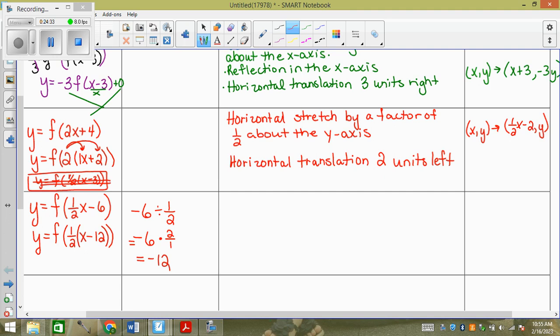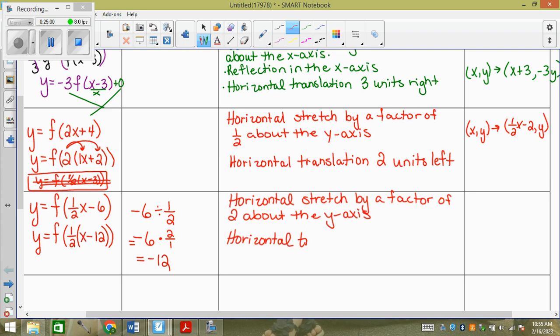All right, so this one is going to be a horizontal stretch by a factor of what? Sorry? Yes. About the y-axis. Is there a reflection? Nope. I have a horizontal translation.